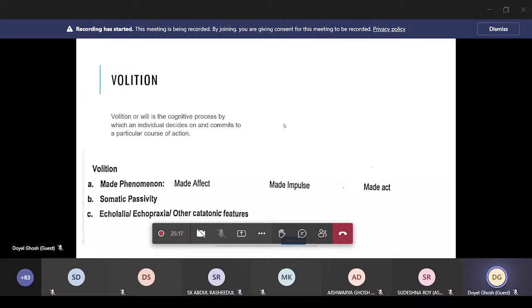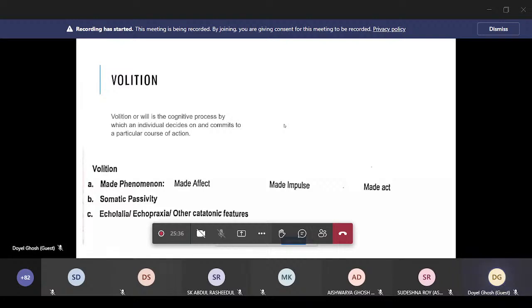Next is echolalia and echopraxia. What is echolalia? Echolalia is repeating the last phrase spoken. For example, I am talking to you, and the person will say talking to you, to you, repeating the last phrase.